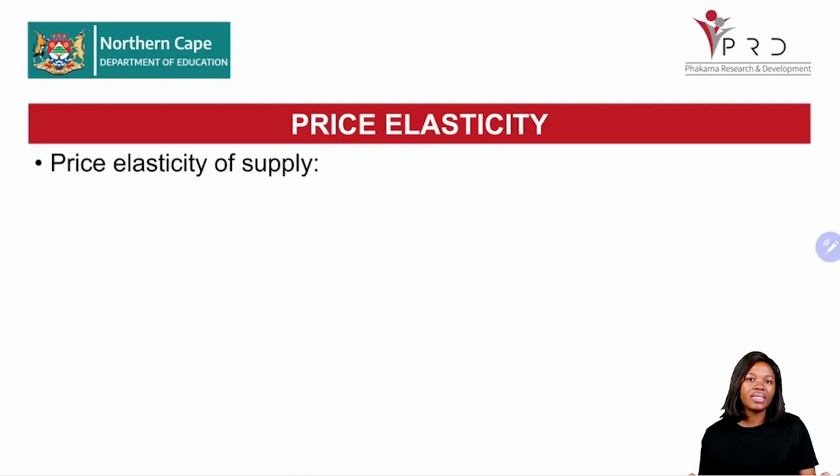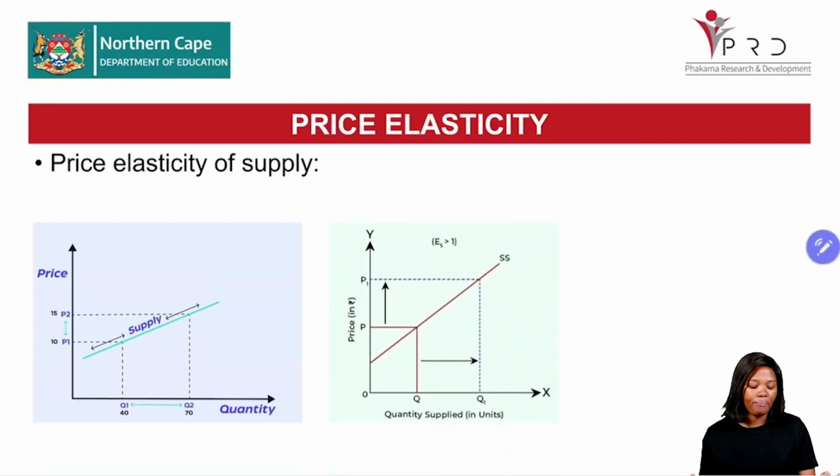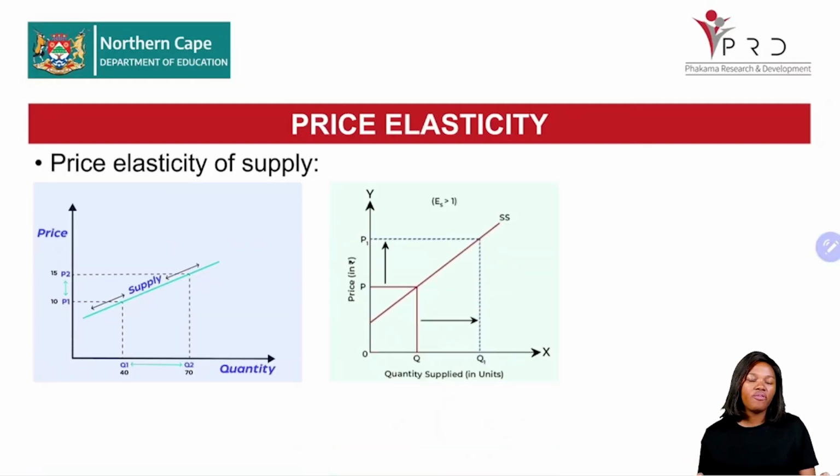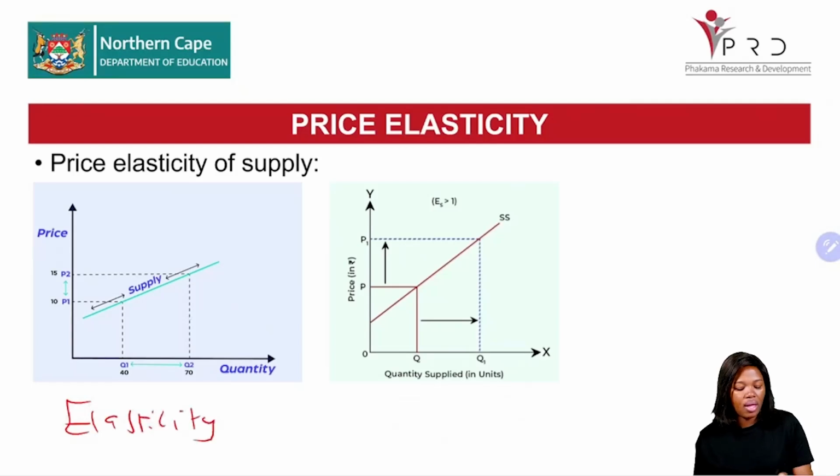On elasticity as well, you must know the price elasticity of supply. With elasticity of supply, we are looking at the supply curve, how a change in price will affect the supply, how the producers will respond to a change in price in the market. Right here, we have the elasticity, and right here, we have the price inelasticity.